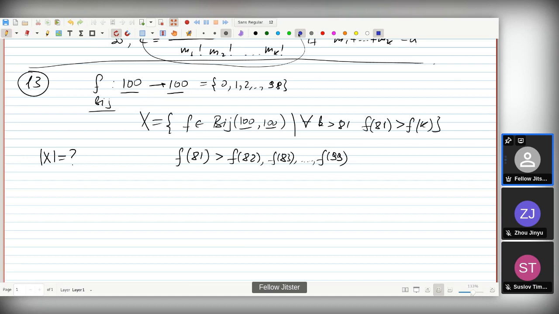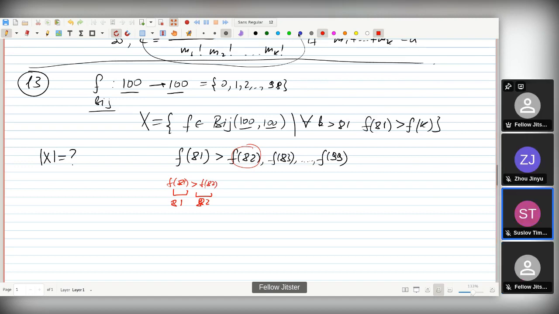Okay. Do we have any constraint on the number f of 82, the number at position 82? What do we know about this number? It's less than the number at position 81.